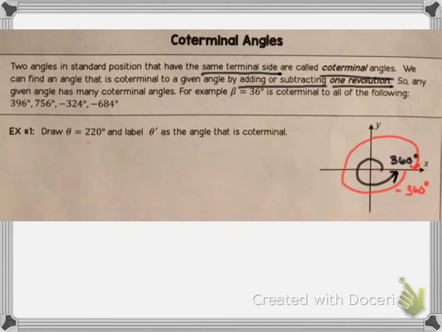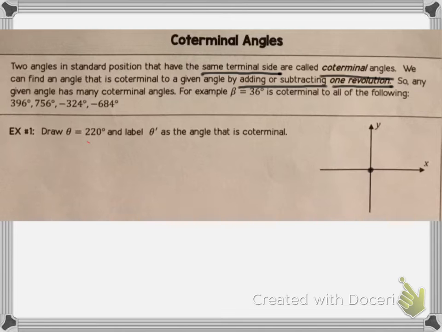So if I wanted to draw a 220 degree angle, and remember 220 degrees is a positive angle, that means I am going to draw this angle in a counterclockwise rotation.